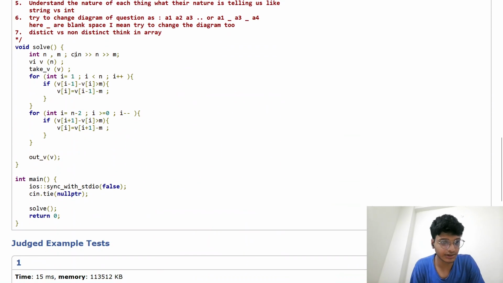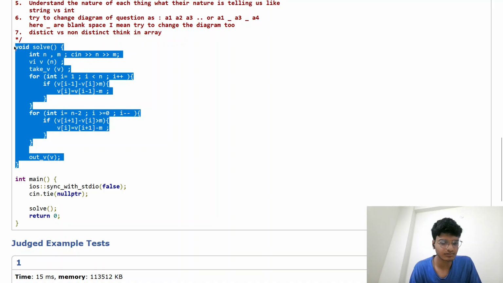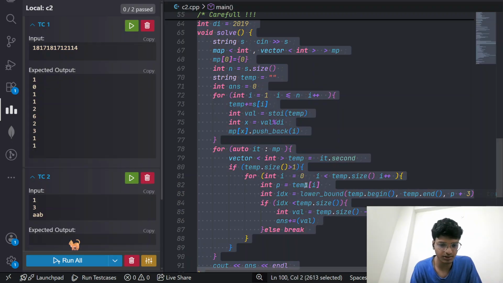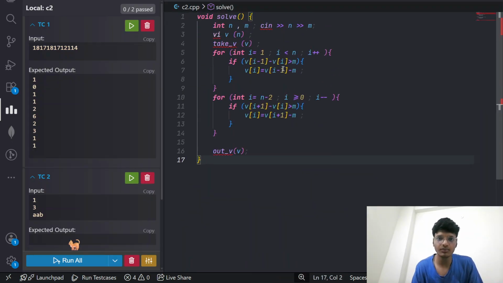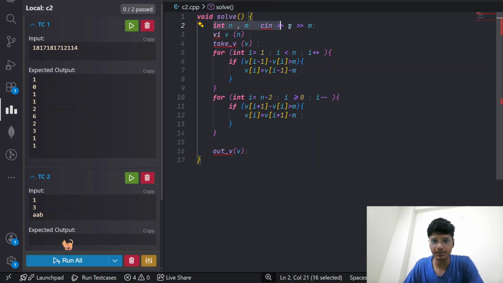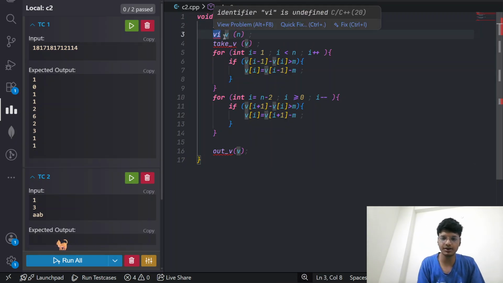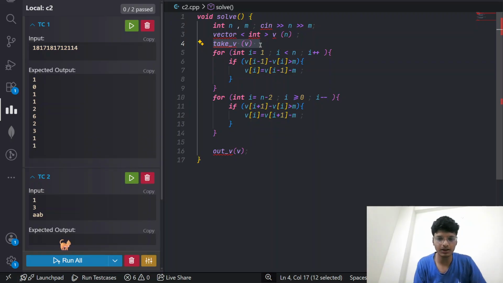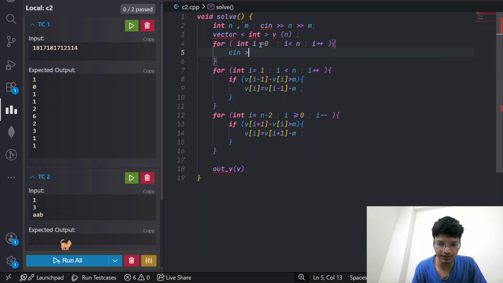So we have just taken some input data set. We take int n and m, and then we take a vector v of predefined size n, and then for int i equal to 0, i less than n, i plus plus, cin v of i.